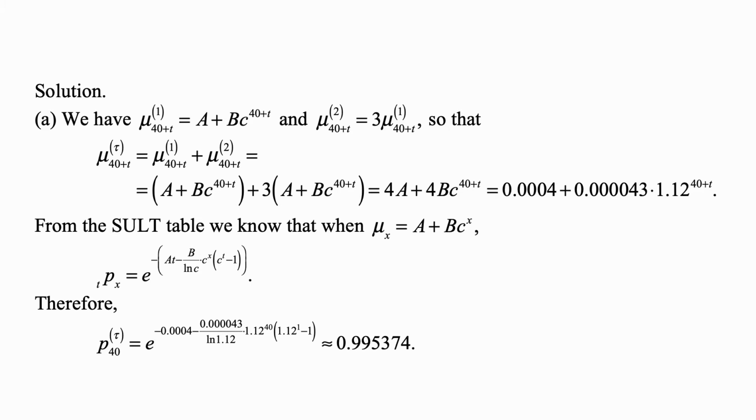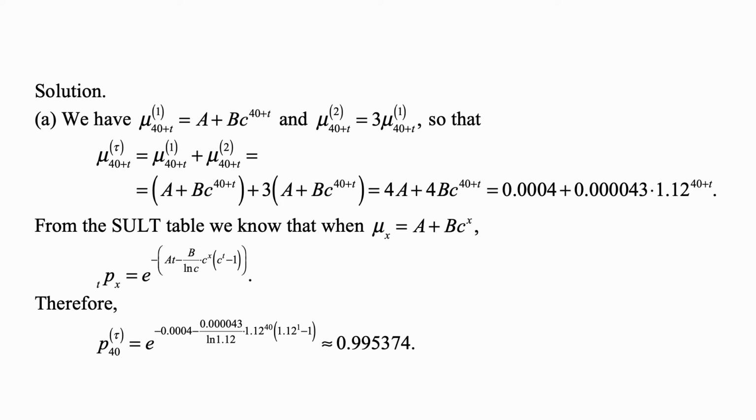From the SULT table, we know that when the force is of the form A plus B times C to the x, tpx is of the form e to the minus At minus B over natural logarithm of C, C to the x, times C to the t minus 1.